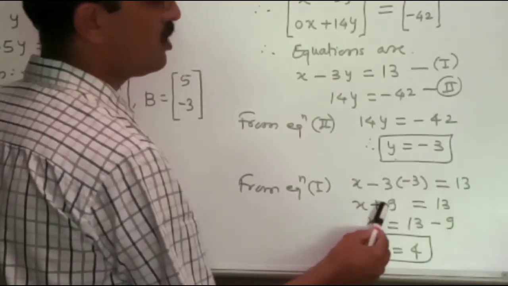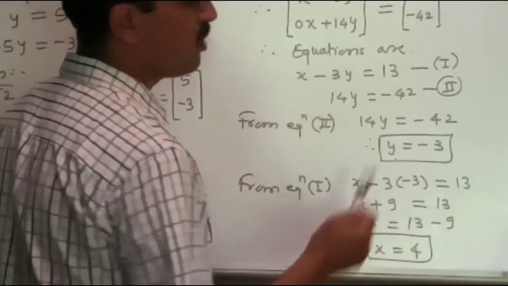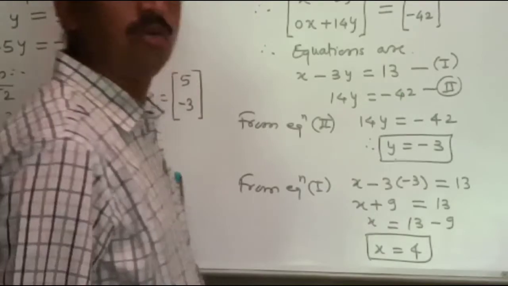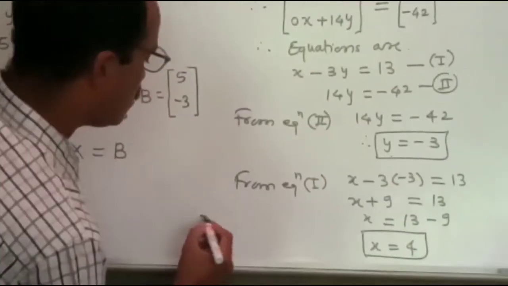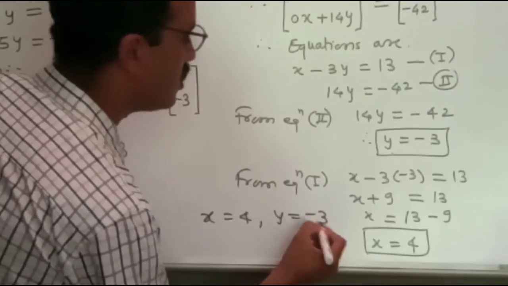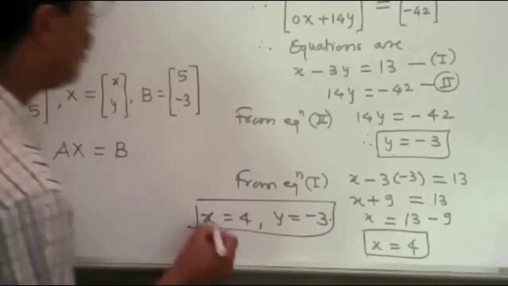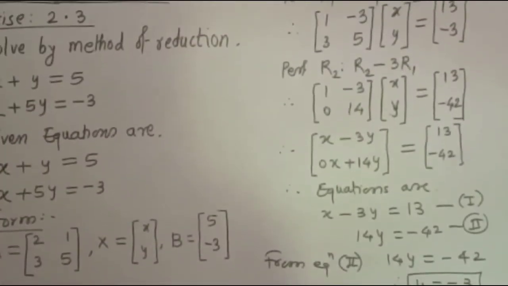So x minus minus, plus, means x plus 9 is equal to 13. So x is equal to 13 minus 9, so x is equal to 4. So we get the values x is equal to 4 and y is equal to minus 3. These are the solutions of the given equations by using the method of reduction.